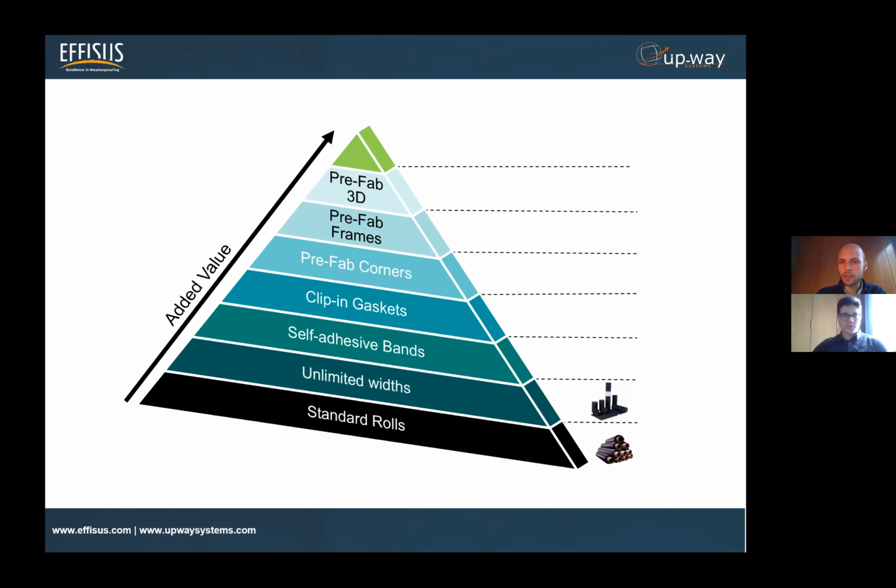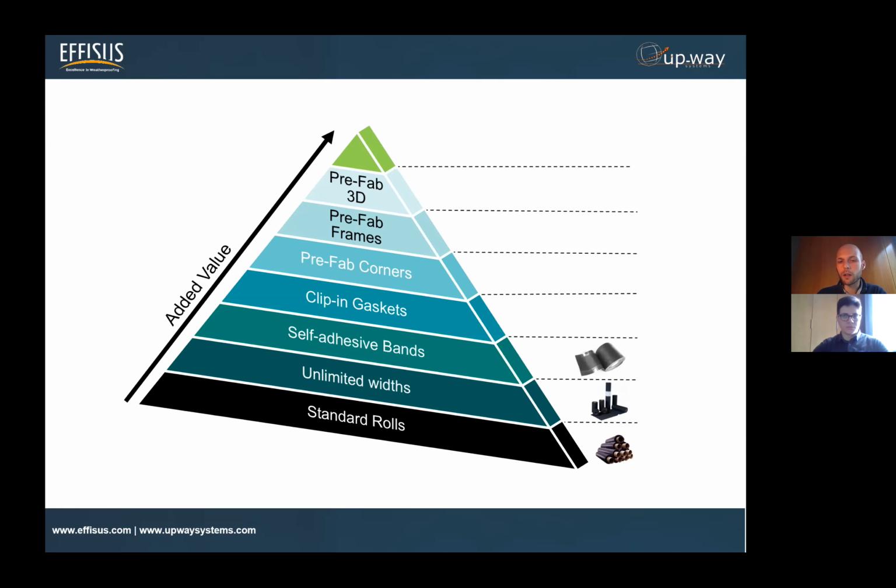But we can also customize this into an unlimited width, which means that people on site can have the width that they want, so they don't have to use the 3 or 4 dimensions that are available. We can fully customize the width that you need.